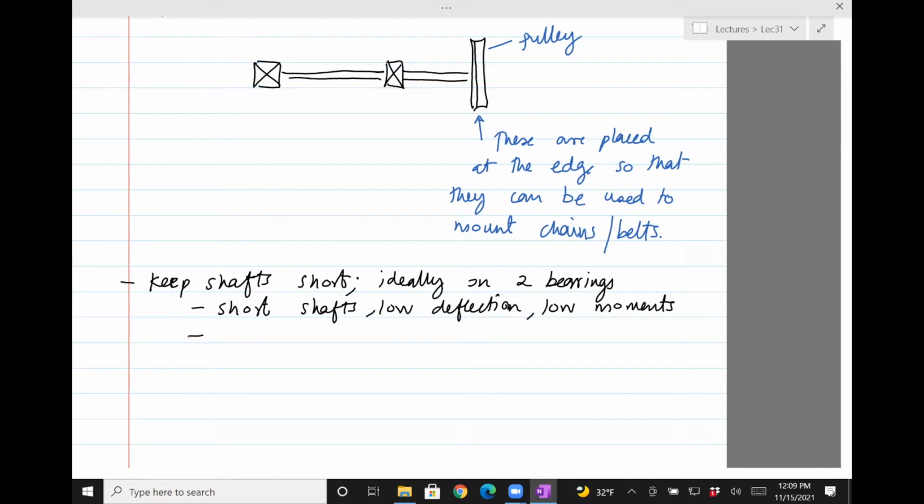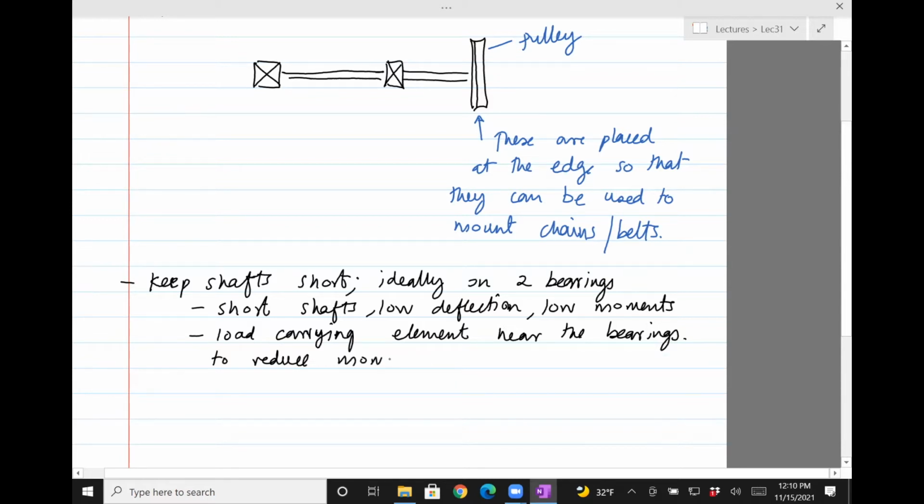So put the load carrying element near the bearings to reduce moments.